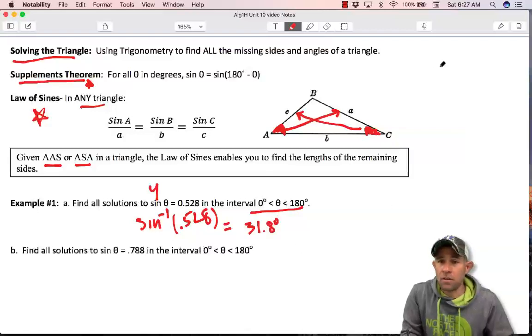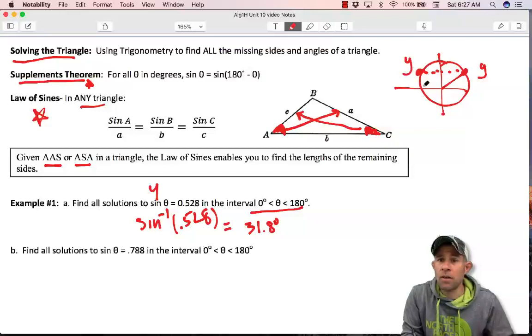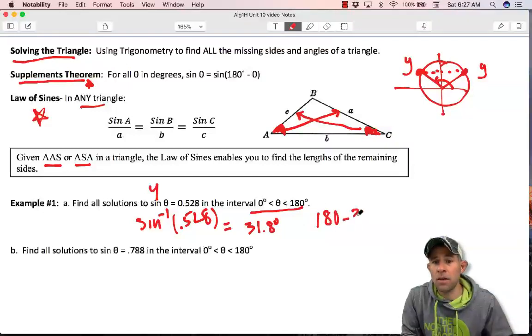Now on our unit circle, I'm just going to sketch out this unit circle here. 31.8 degrees is about right here. So this y value is going to be the same as this y value over here, which now we need to find out what this angle measure is. And we can do that by using this supplements theorem. So that's 180 minus 31.8. And when we do that, we get 148.2 degrees.